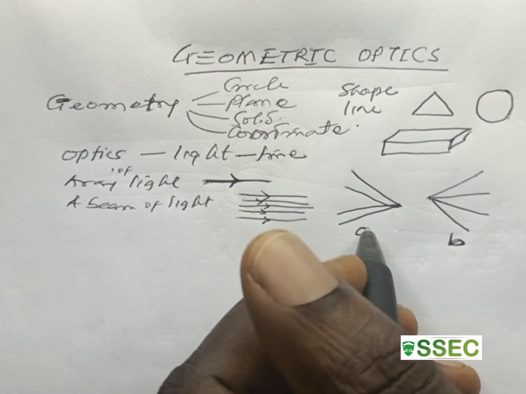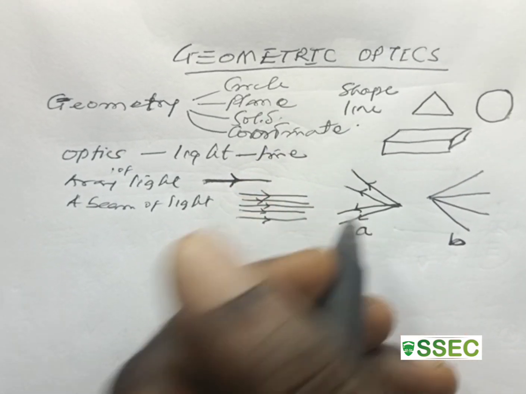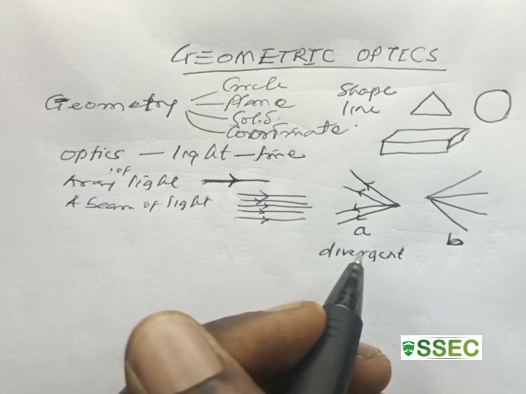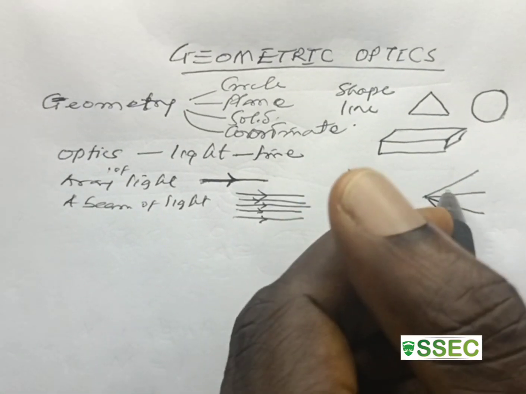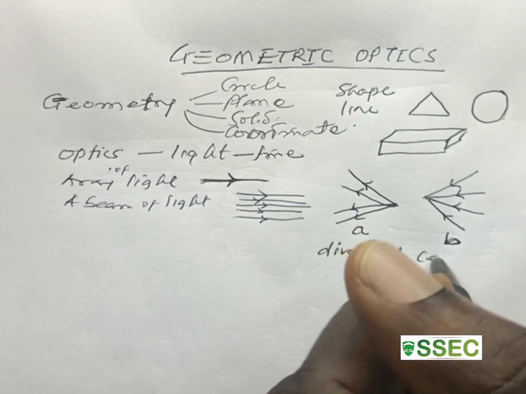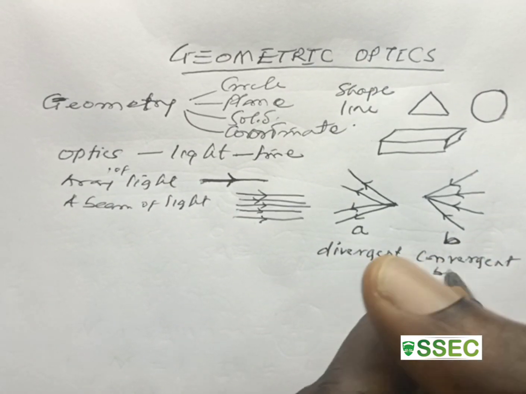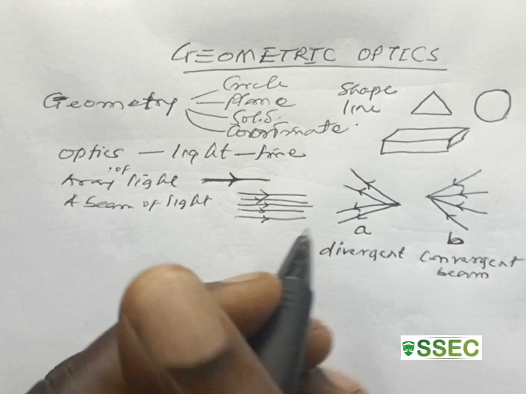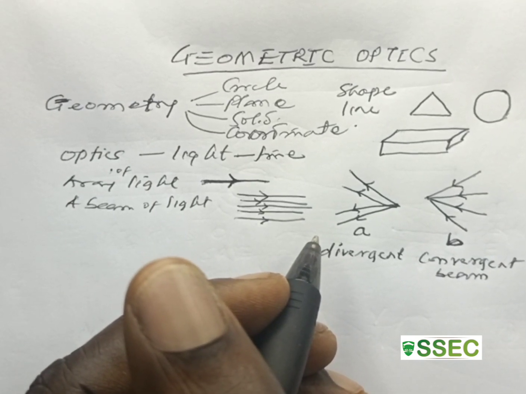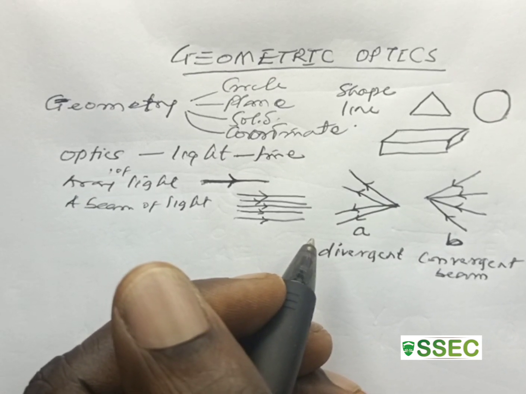If you say A is a convergent beam and I decide to put the arrow like this, then it becomes a divergent beam. If you say B is a divergent beam and I decide to turn the arrow inward, then it becomes a convergent beam. So you cannot determine whether it's a convergent or divergent if the arrow direction is not there. So the arrow direction is very important.